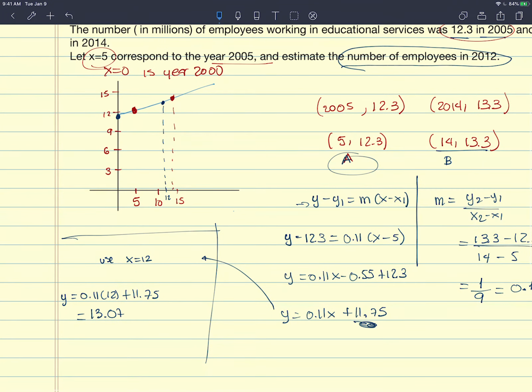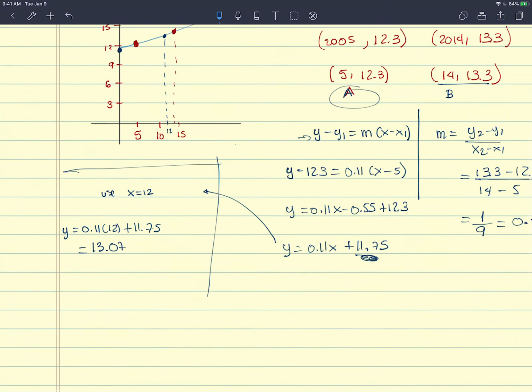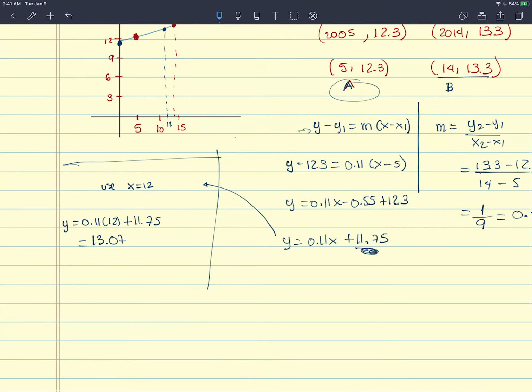So back to the question, the number of employees in 2012 was about 13.07 million. Okay, that would be my answer for this question. 2012, 13.07 million.